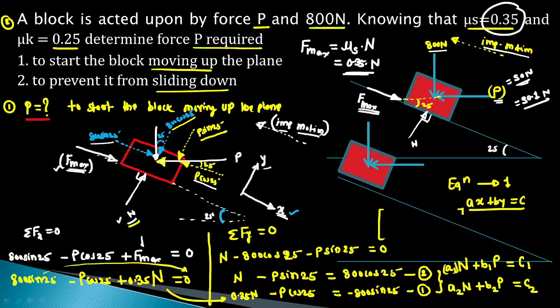You will get a matrix in your calculator. Here the first value will be 1, after that put minus sin 25, and here the constant 800 cos 25. In the second row, you can substitute 0.35, minus cos 25, and here minus 800 sin 25. Then press equal to, you will get two answers.